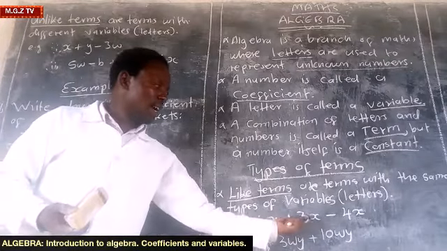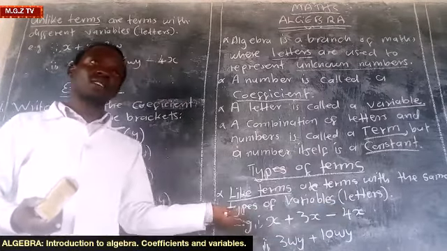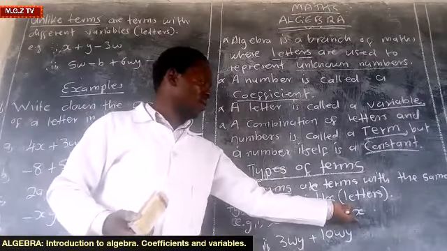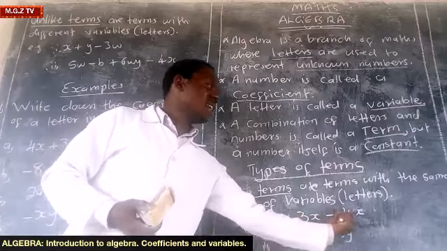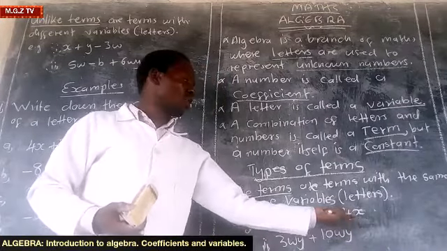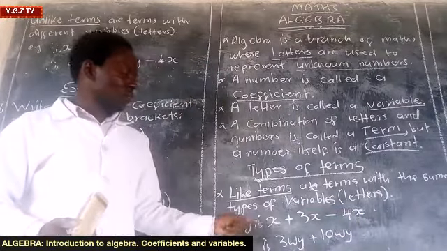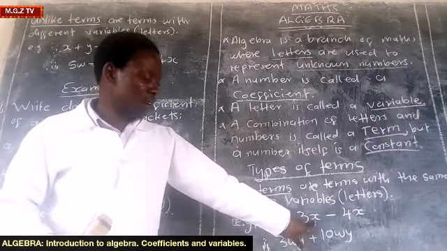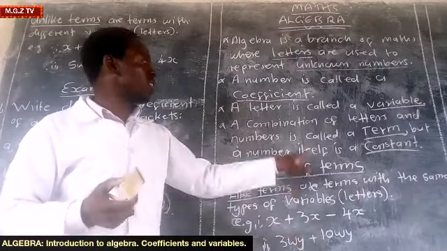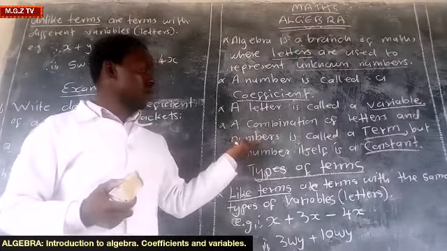Here you have the first term, second term, and the third term. So here there are 3 terms. Just a letter. This one is a number and a letter, the combination of letters and numbers.